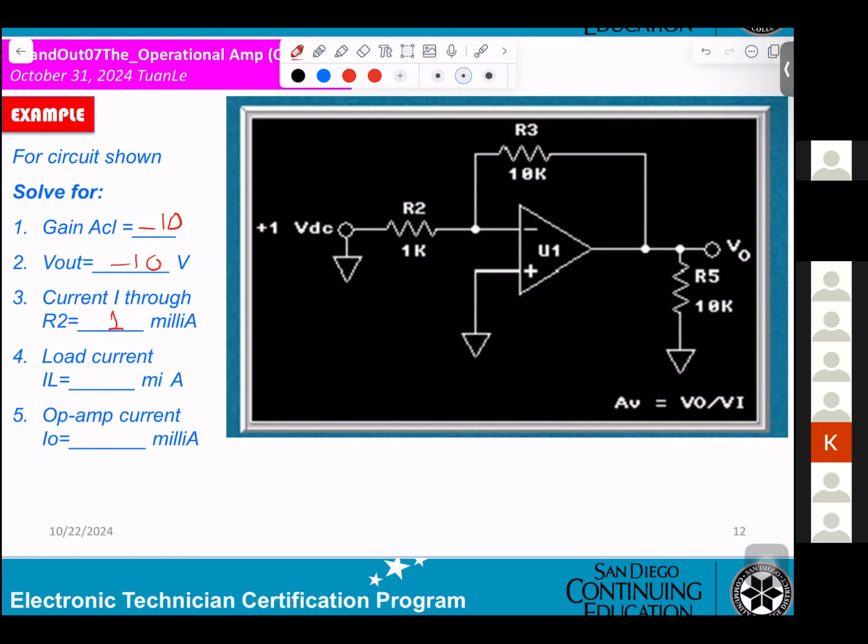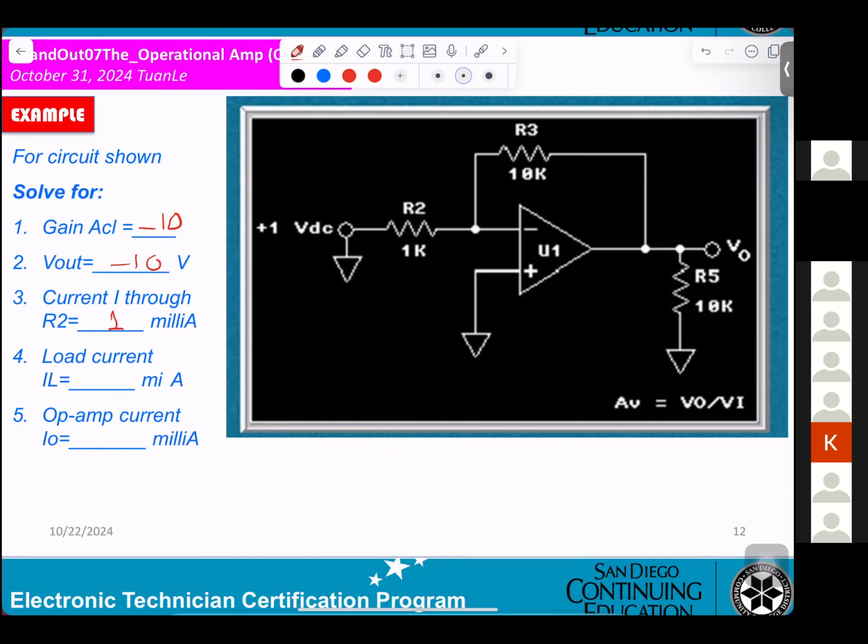Load current. Load current will be V out divided by R load, 10K. 1 milliamp.